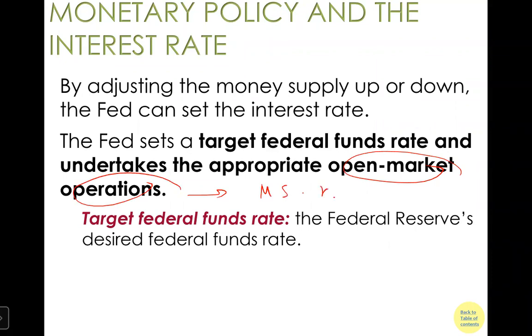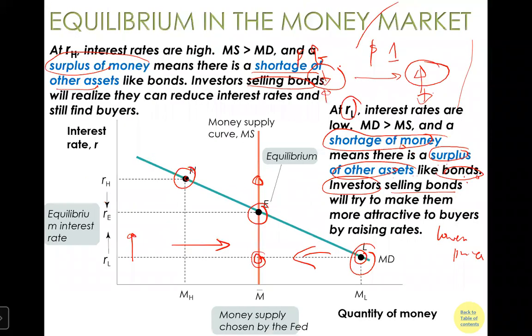Through changing the reserves the commercial banks have at the Fed. Now, by this open market operation, it's going to change the money supply, and then from this, let's go back to this slide.